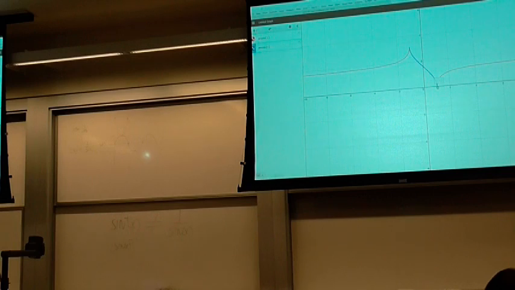The arc secant has a domain which is greater than 1 or less than -1. Nothing in between, that would be undefined. But its range is the same, almost. Look at that. In other words, this red line here goes from 0 up to pi over 2, and it comes down from pi to pi over 2.